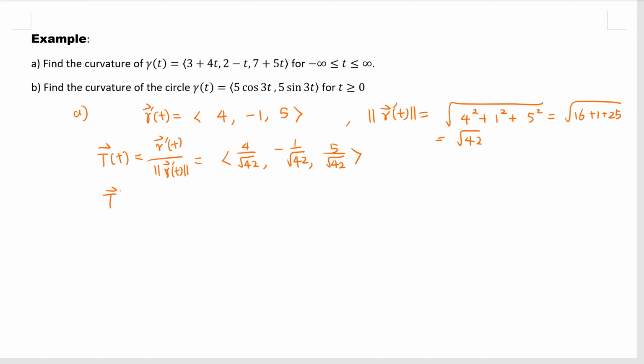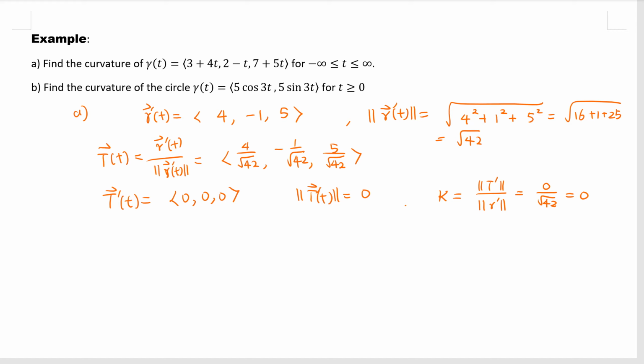Because they're all constants, we just get zeros. And the magnitude of a zero vector is just 0. So what is the curvature in this case? We have the magnitude of T prime over the magnitude of gamma prime, so that's 0 over square root of 42, which is 0. So the curvature is 0.